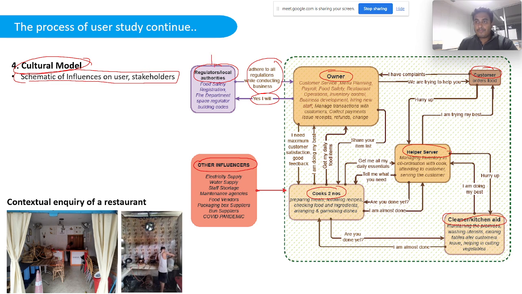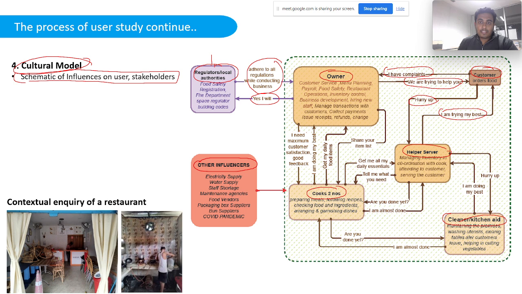Similarly, owner and customer: the customer gives a complaint and the owner tries to help them, so this is mutual. Similarly, helping the server is more automatic. It's like software saying, I'm waiting for the order, please do it fast, and the reply, I'm trying my best. Then you have the cook.